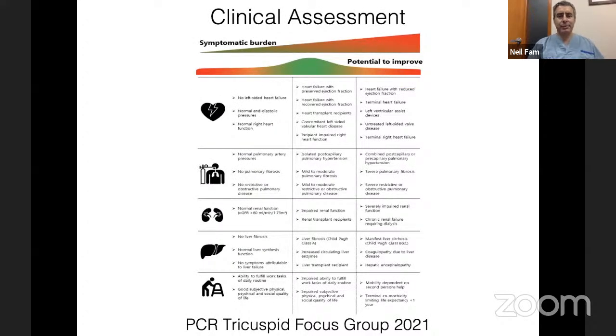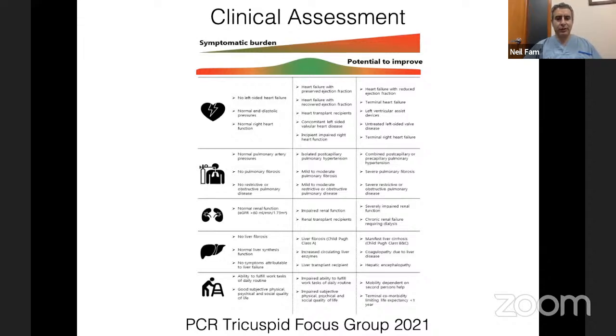So the clinical assessment of tricuspid regurgitation patients is extremely important. We continue to hone this. This comes from the PCI tricuspid focus group. The ideal patient has no left-sided heart failure, normal RV function, no pulmonary hypertension, no lung disease.